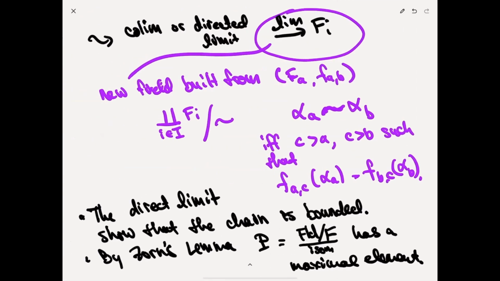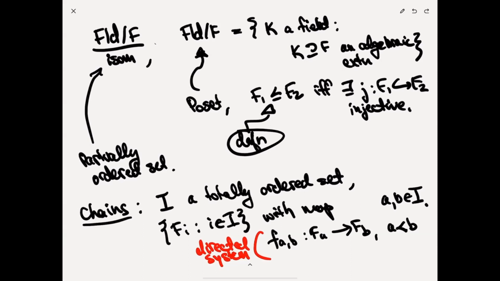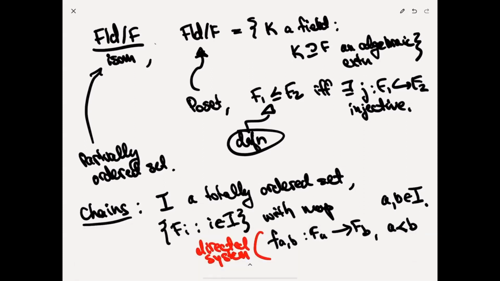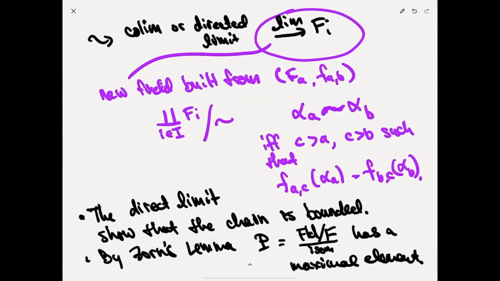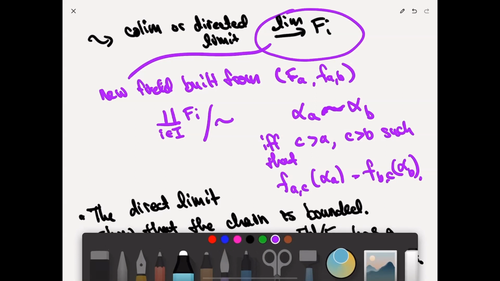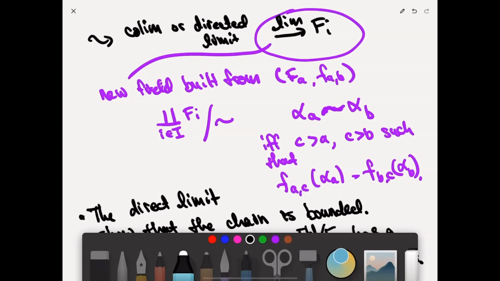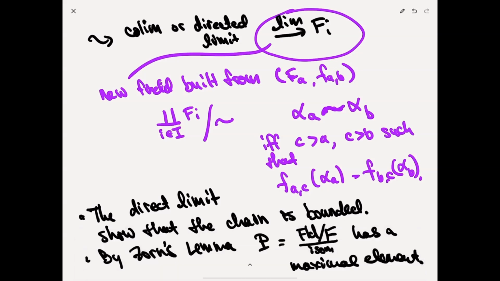So what does that tell us? Let me go back here. That tells us that there exists some maximal element. This thing here has a maximal element, and what does that mean? This is the partially ordered set.